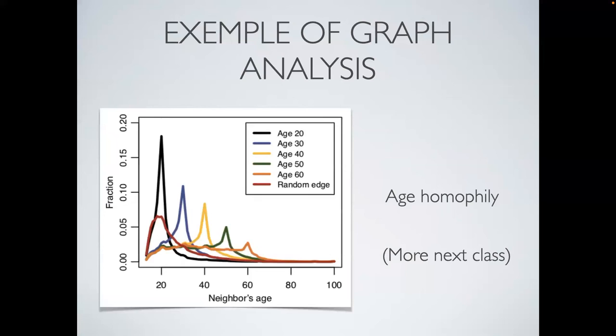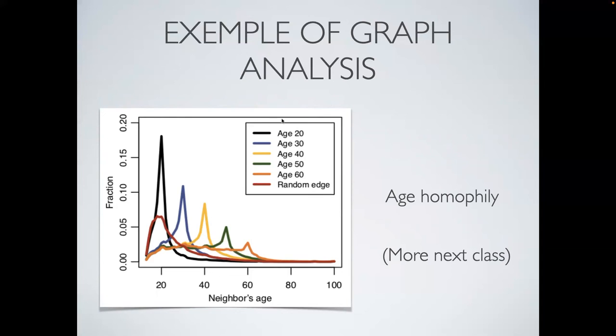And then you can look a little bit at the properties of the nodes and how the network is organized relative to these properties. Here, for instance, is the notion of looking at the age of people. You have on the x-axis the age of users, and on the y-axis the fraction of users who are friends with a person of a given age.